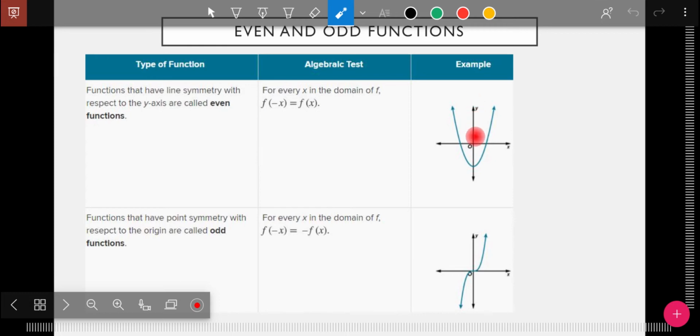This one has line symmetry. That line splits it, so I could fold the piece of paper up and they would be on top of each other. And so it's an even function. But the other thing I want to introduce right now before I talk about odd functions is counting changes in direction.